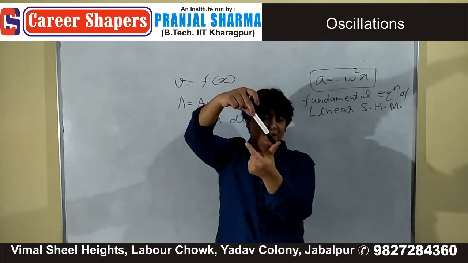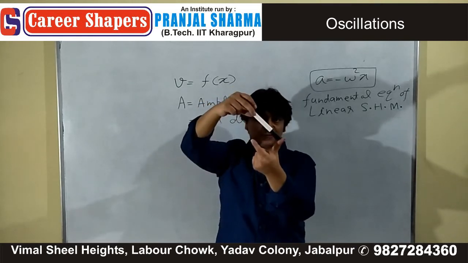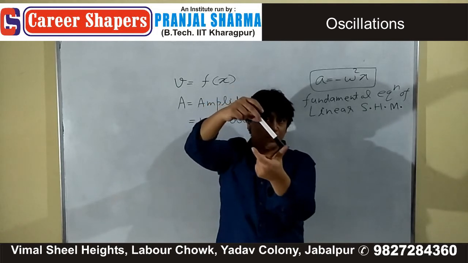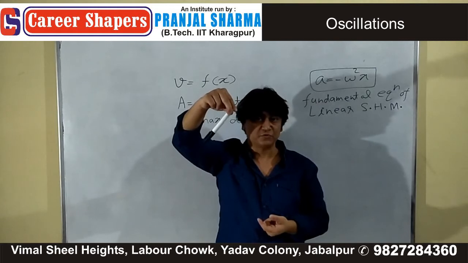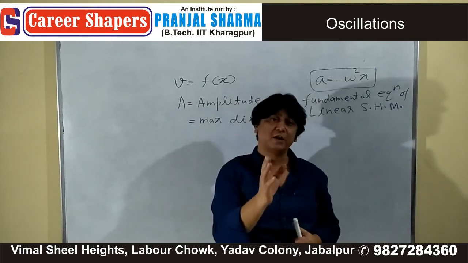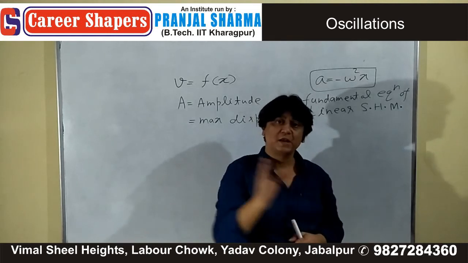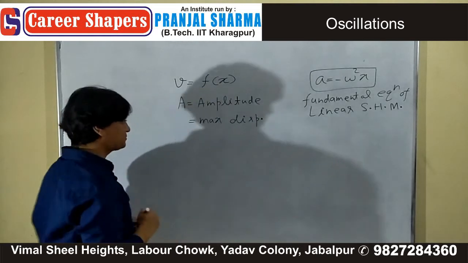On this side, let's say this is 4, then you will say that amplitude is 4, or x is 4. When you're over here, your x becomes minus 4. If I say that amplitude is 4, that means an object can move plus 4 and minus 4. Between these two boundaries, it will remain.